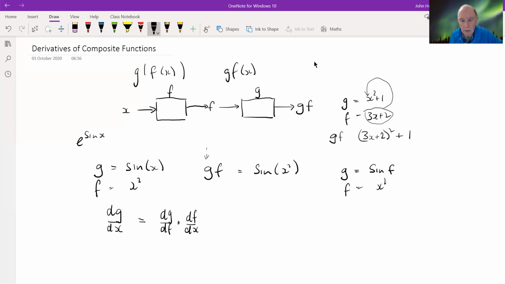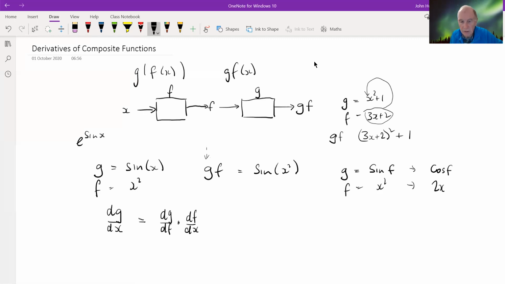First of all, if we want to find dG/dF, the derivative of that is going to give us cos F. And if we want the derivative of F with respect to x, that's going to give us 2x.